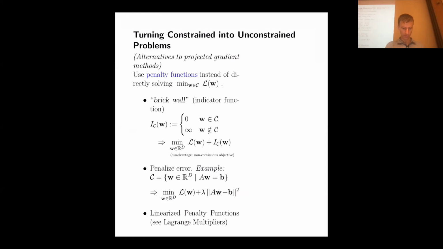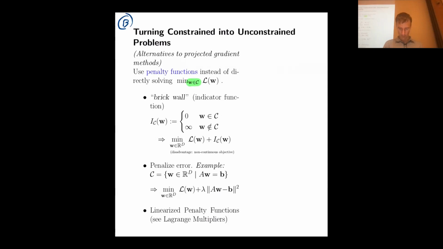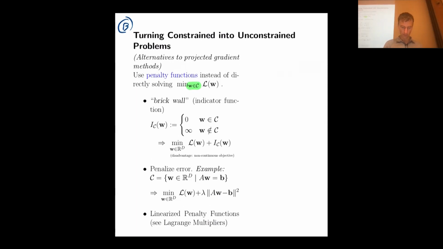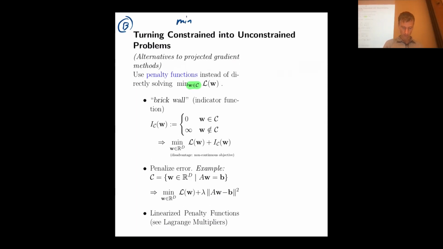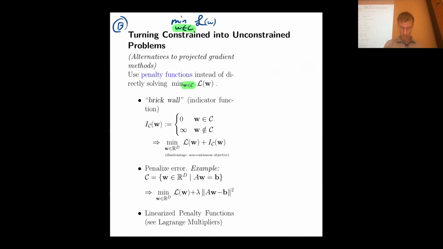Can I take my problem, which has constraints, and transform it into an unconstrained one? It's not going to be exactly the same, but this is also a possibility. And the idea is really to just modify. Before, you just had the constrained problem, so the constraint is here, right?